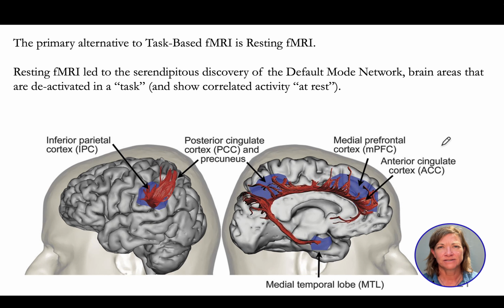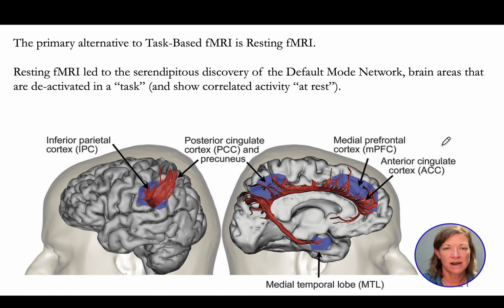So people finally noticed that, wait a second, when we tell people to do nothing, there's still something happening. There's consistent activity in interconnected regions of the brain. So these are brain areas that are actually deactivated in a task and show correlated activity at rest, right? At rest in quotes, because the brain is never doing nothing.